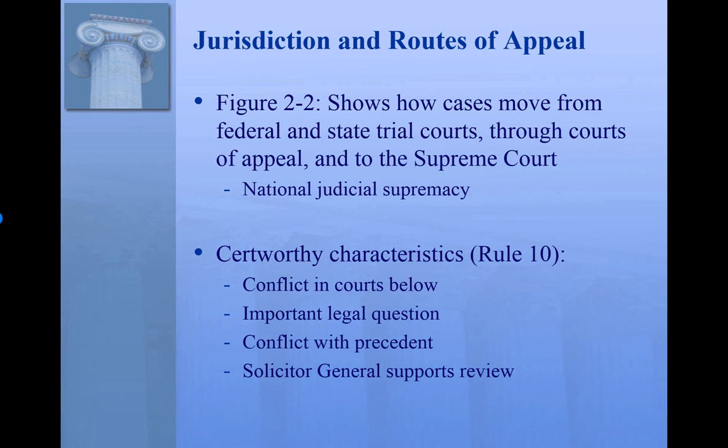Its job is to maintain consistency in law, to be the steward of the Constitution and our federal system, and it is not going to overturn convictions because an injustice has been done or something like that. I think that's very interesting. A lot of people don't really think of the Supreme Court in that way.